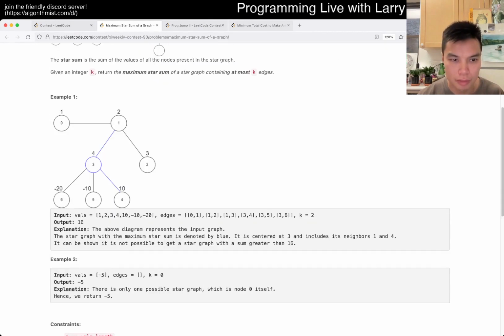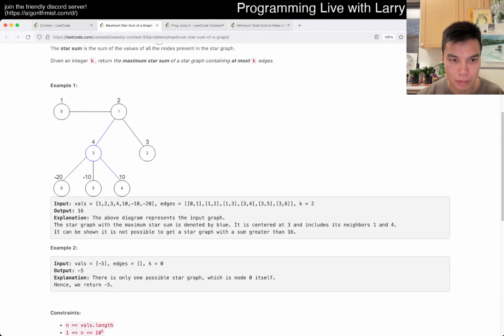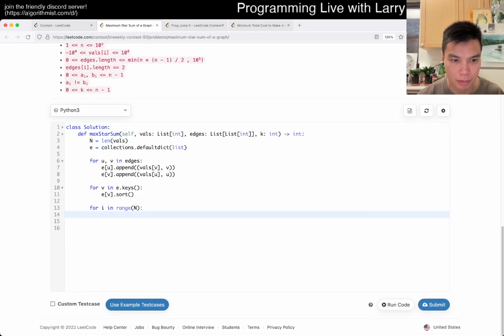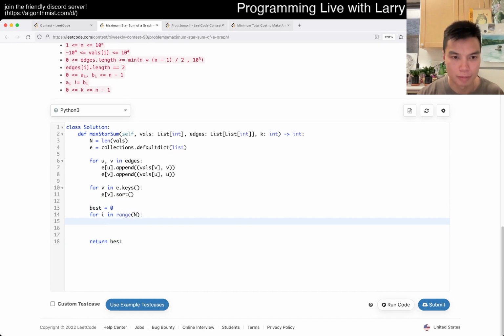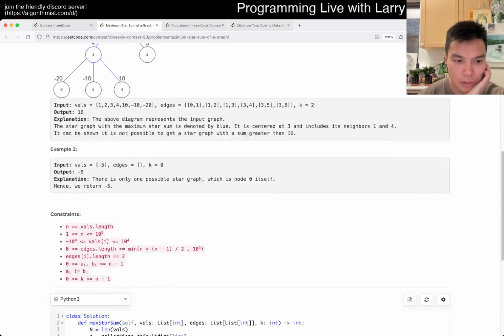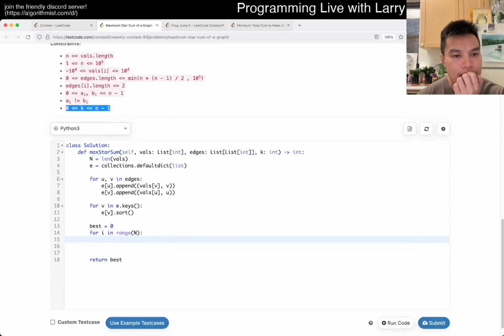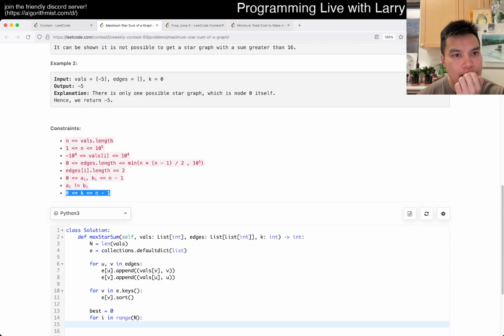Does that include itself? Okay, it does include itself. Is that too slow? Could be too slow. No, because each edge can be... No, but then each edge can... That is too slow, isn't it?